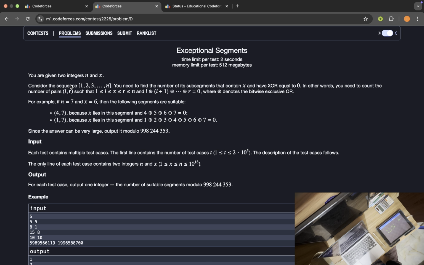You need to find the number of subsegments that contain x and have XOR equal to 0. In other words, you need to count the number of pairs l, r such that the XOR is equal to 0.